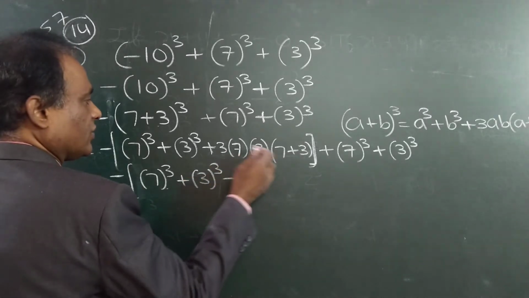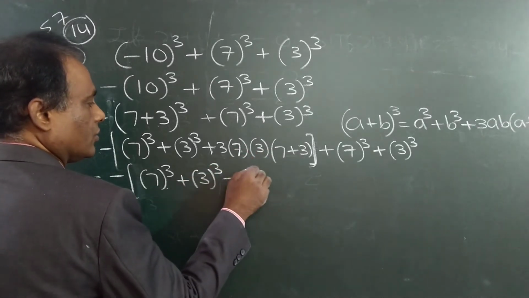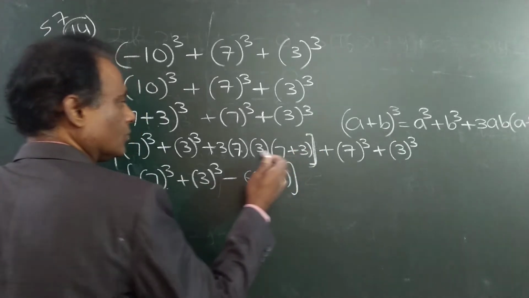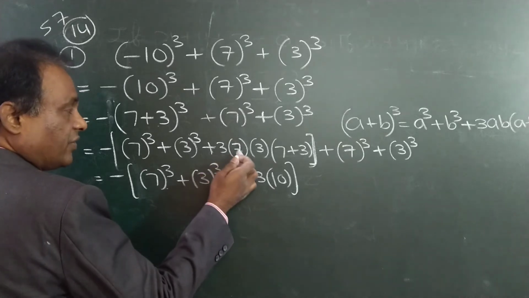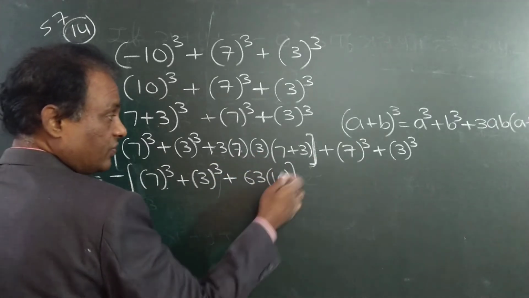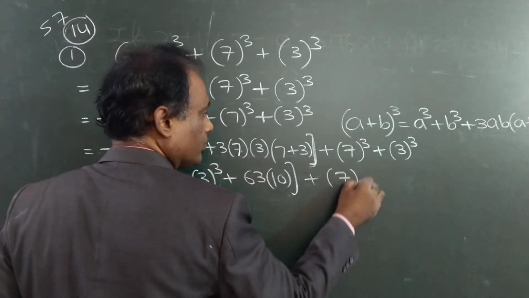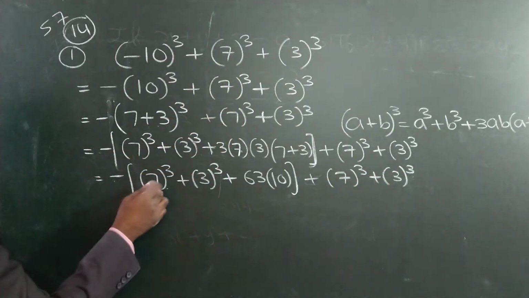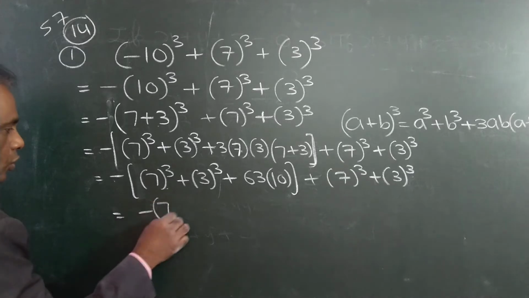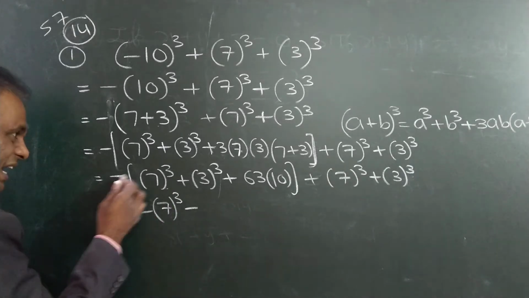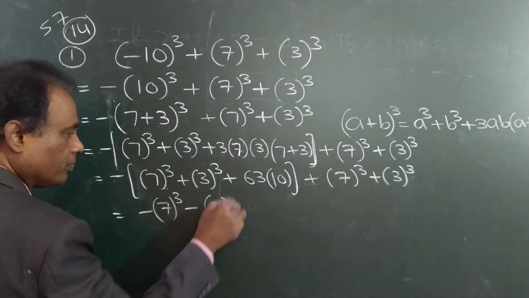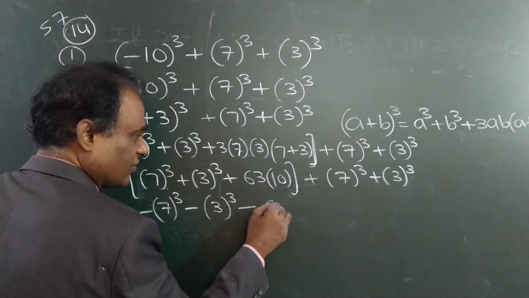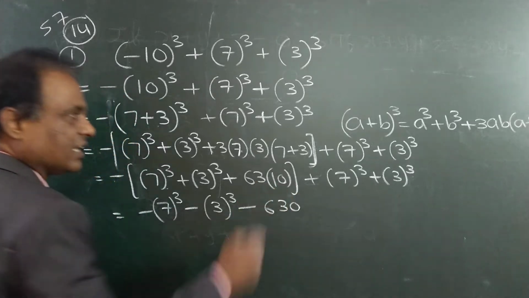3 sevens are 21, 3 threes are 9, 7 threes are 21, 63 into 10 plus 3 sevens are 21 into 3, 63. 7 plus 3 is 10. This is same. Now open the brackets. Minus 7 cube, minus 3 cube, minus into plus, minus 63 into 10 is 630.